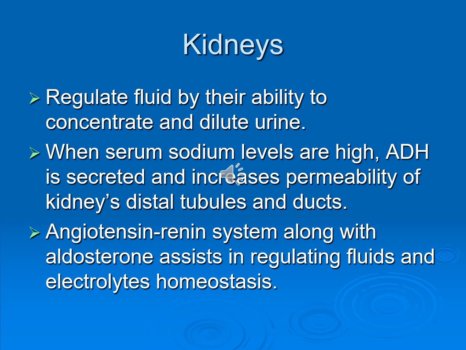So when those sodium levels in their serum are high, ADH is secreted and increases that permeability of the kidney's distal tubules and ducts. Then you have the angiotensin-renin system along with the aldosterone that will assist in regulating the fluids and electrolytes as far as homeostasis goes.